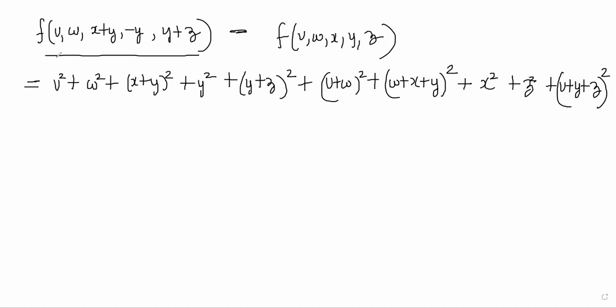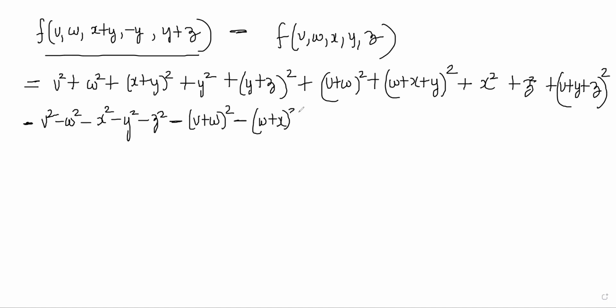This is the first term, and then we subtract from here this stuff: minus v square minus w square minus x square minus y square minus z square minus (v plus w) square minus (w plus x) square minus x plus y square minus (y plus z) square, and finally minus (v plus z) square.